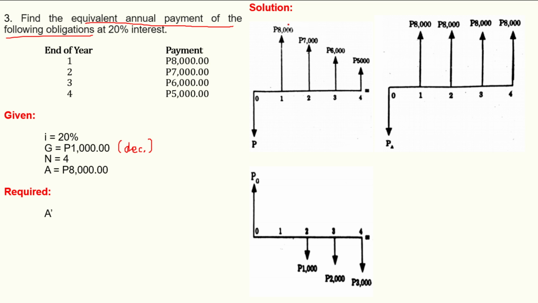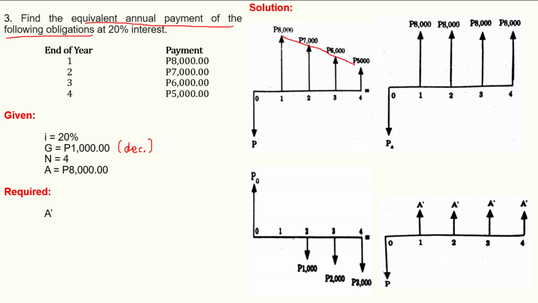So, yan yung ginawa nating A. Then, since ito ay magiging negative value na, kaya ang cash flow diagram natin sa gradient ay pababa na. Ito, negative 1,000 na siya, ito ay negative 2,000 and negative 3,000 para maging saktong 8,000 lang. Ang kailangan natin ay uniform annual payment, so A prime. Okay? So, solution. Kagaya lang din nung kanina, ang nangyari lang, pababa ang kaniyang value.